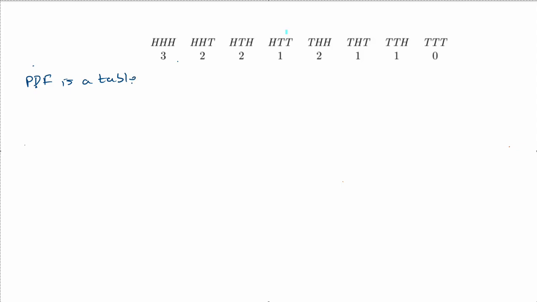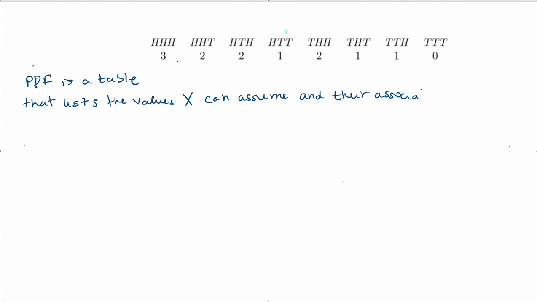It's simply a table that lists the values a random variable x can assume and their associated probability. So this is the definition of a PDF.